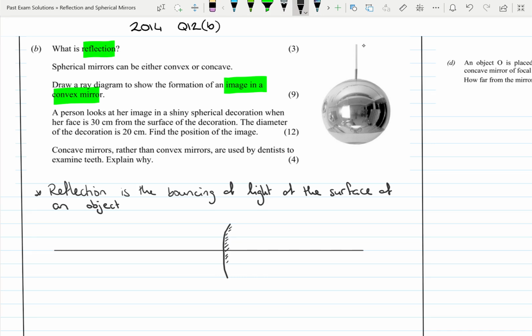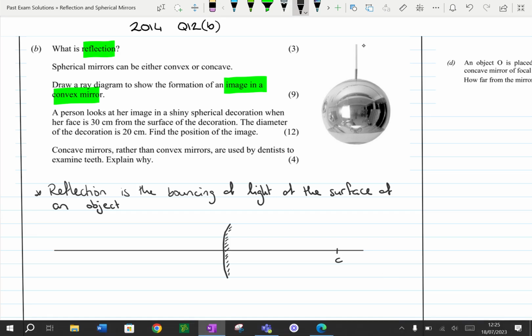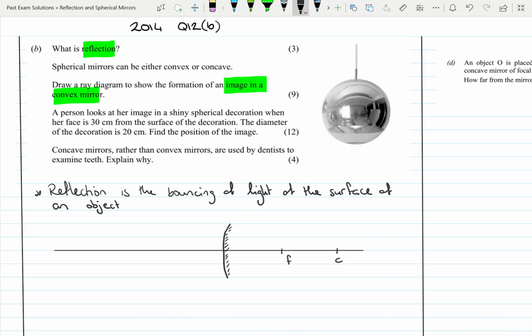Our dashed line represents the back of our mirror, and we need to note that our center of curvature C, the center of the curve, is behind the mirror this time. Our focal length, I'm just guesstimating here, guys, you need to use a ruler to get this as accurate as you can, is halfway between the center of curvature and the pole of our mirror.